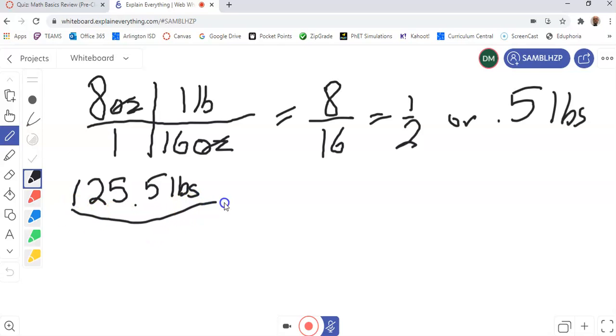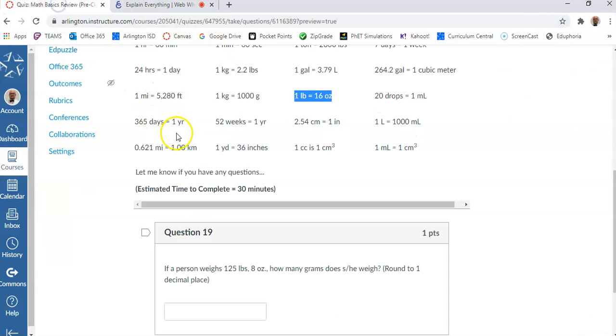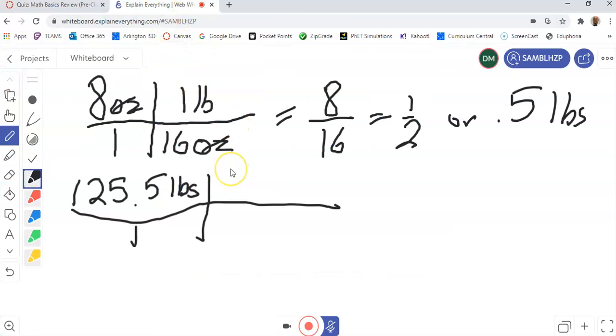Railroad track, railroad tie over 1. We want those pounds to go to kilograms. It tells us in our conversion tables that 1 kilogram is 2.2 pounds. We want to keep kilograms and get rid of pounds. So kilograms are going to go up top.